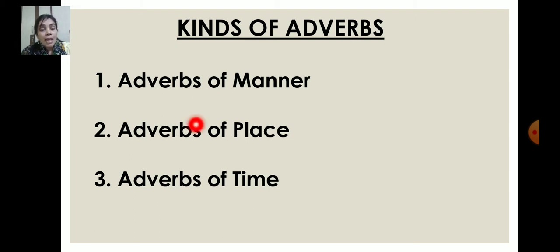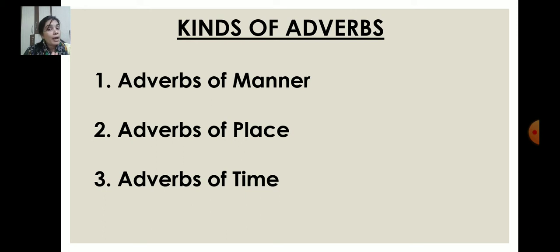Now there are different kinds of adverbs. They are adverbs of manner, adverbs of place, adverbs of time. To find out the adverb in the given sentence, the clue which I give is ly or ry, right?